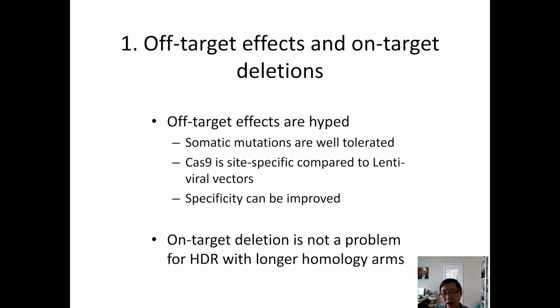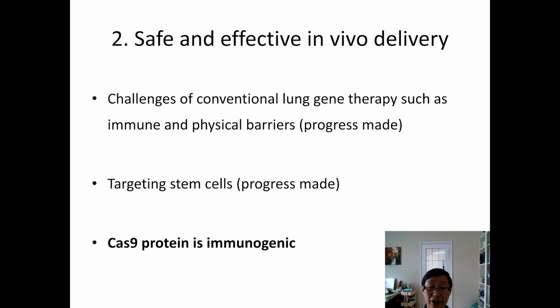On-target deletion could be a problem. However, if we use homology-directed repair with a longer homology arm, that's also not an issue. Safe and effective delivery of the CRISPR system is an issue of concern because it faces the same challenges as conventional gene therapy.